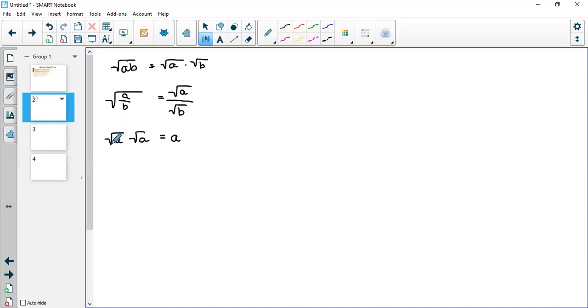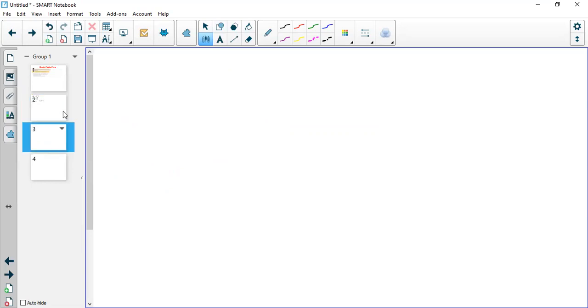For now, just remember that the square root of 2 times the square root of 2 is going to be 2. All right, keeping these three rules in mind, let's see how we solve radicals in their simplest form.